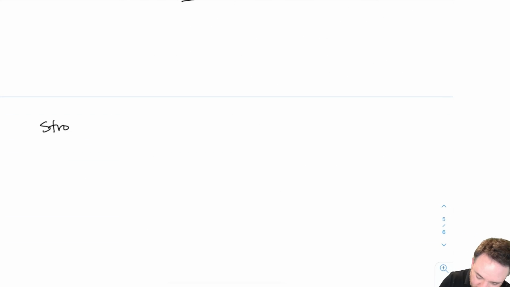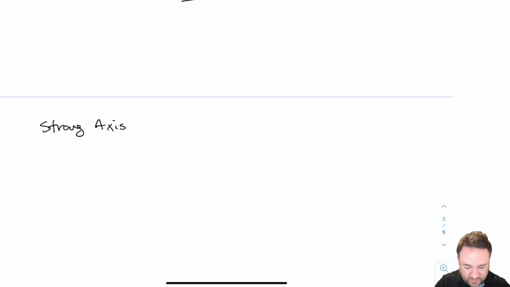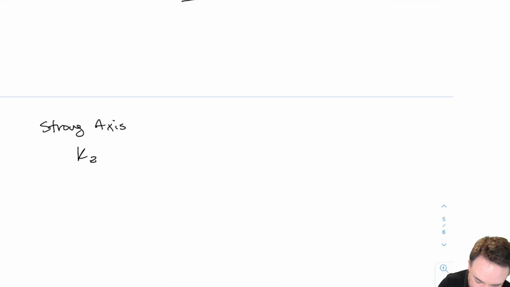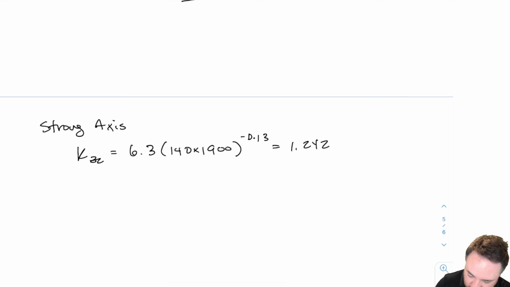Okay, let's now do the strong axis for completeness sake. For strong axis buckling now, I have the same A. So let's just calculate the KZC, which is going to be the same as it was before for strong axis buckling. I get 1.242, which is less than 1.3, so that's okay.